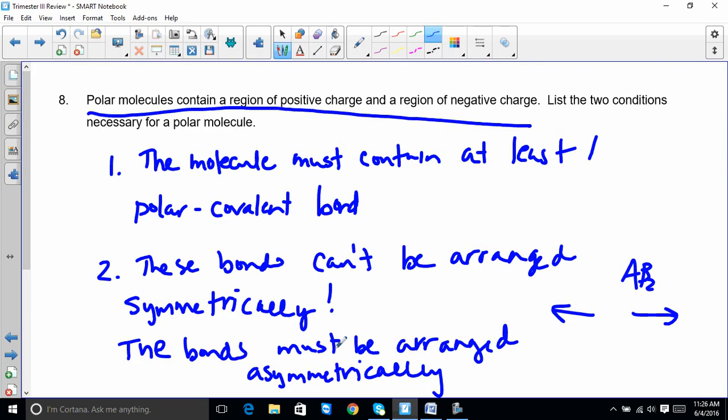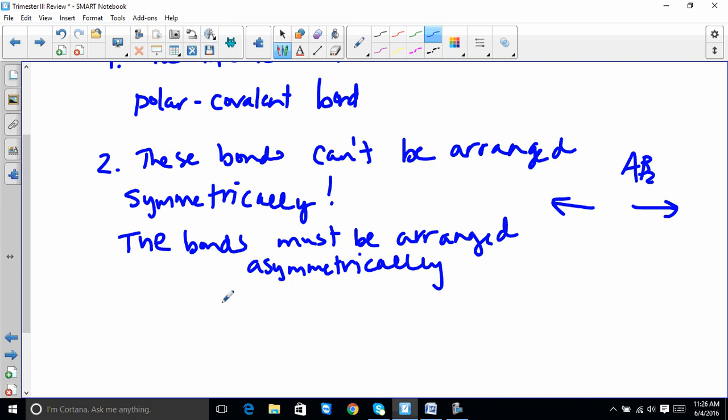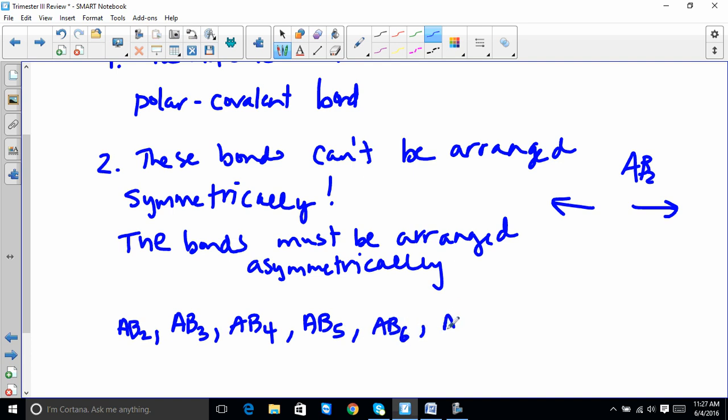So going back to this, what I need to say is, and I wrote it on your review guide, AB2 has symmetry because a line is very symmetric. AB3, which is trigonal planar. AB4, AB5, AB6, AB2E3.